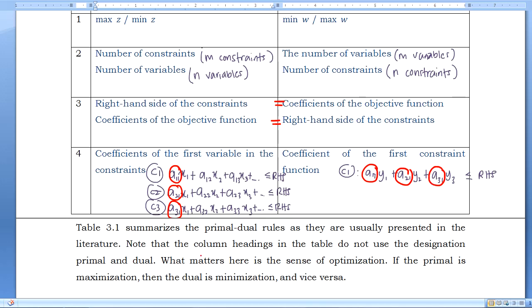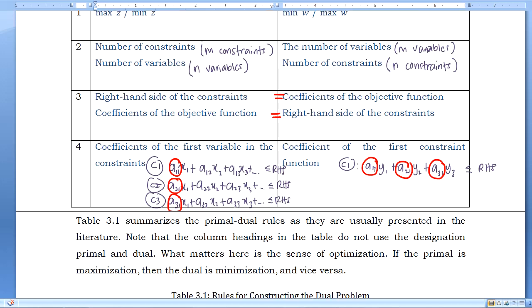It also shows that the second dual constraint corresponds to the second variable in the primal, x2, and the third constraint in the dual corresponds to the third variable, which is x3 in the primal.